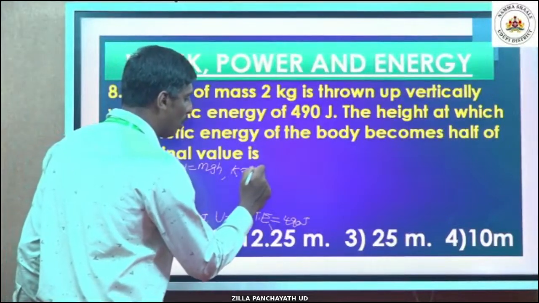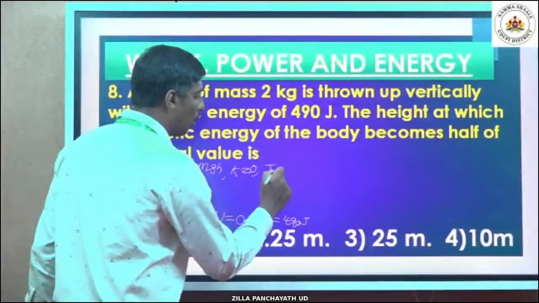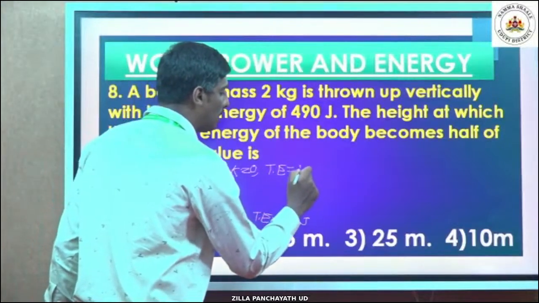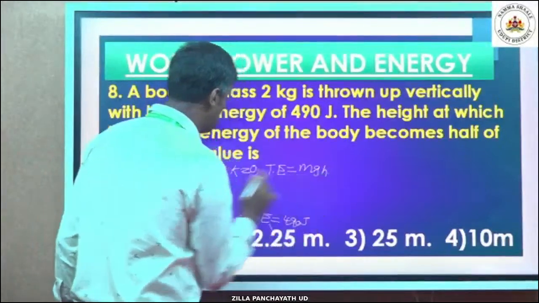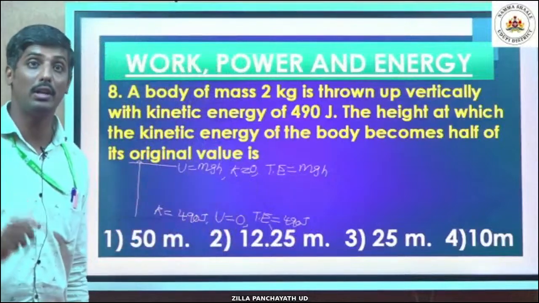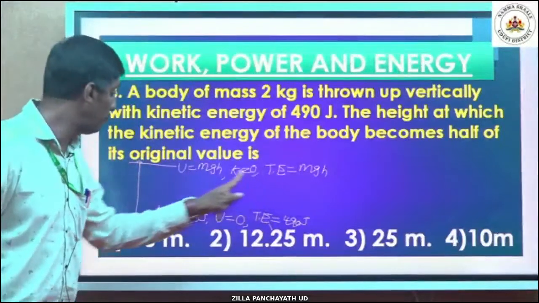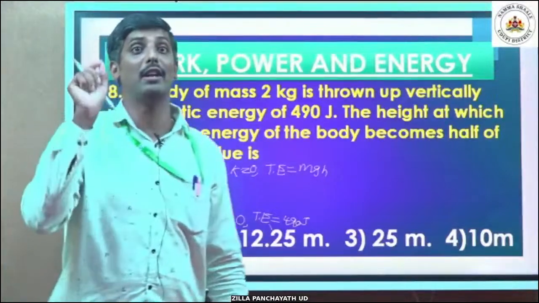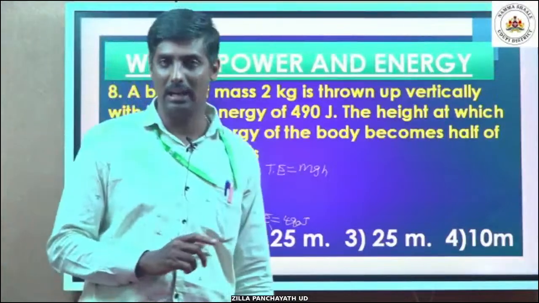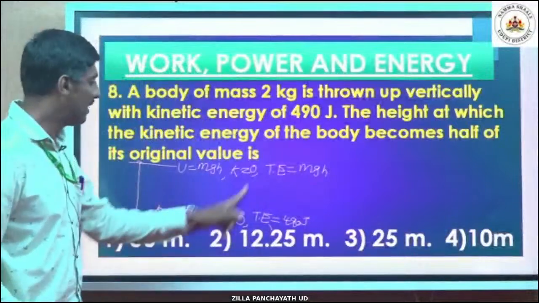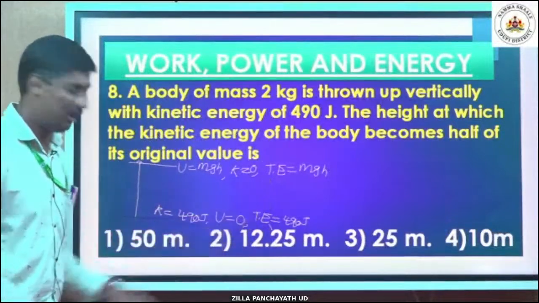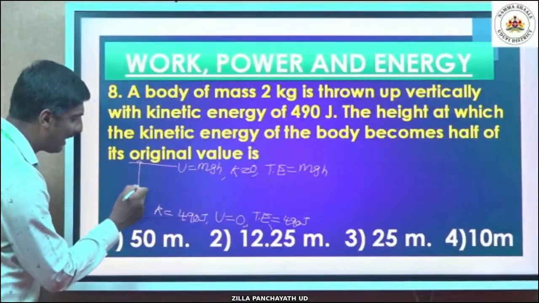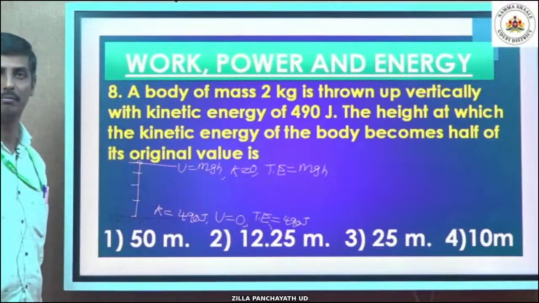kinetic energy is equal to 0. What is the total energy ಅಂತ ಕೇಳಿದ್ರೆ, now the total energy is equal to mgh because it is potential energy plus kinetic energy. Now what is the conclusion? Total energy is purely potential at the highest point. But what conservation of energy states is that everywhere the total energy always remains constant.